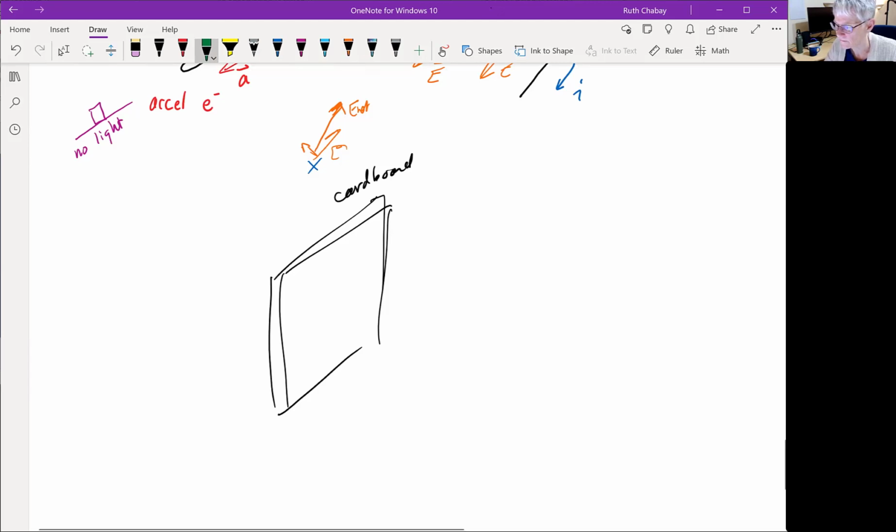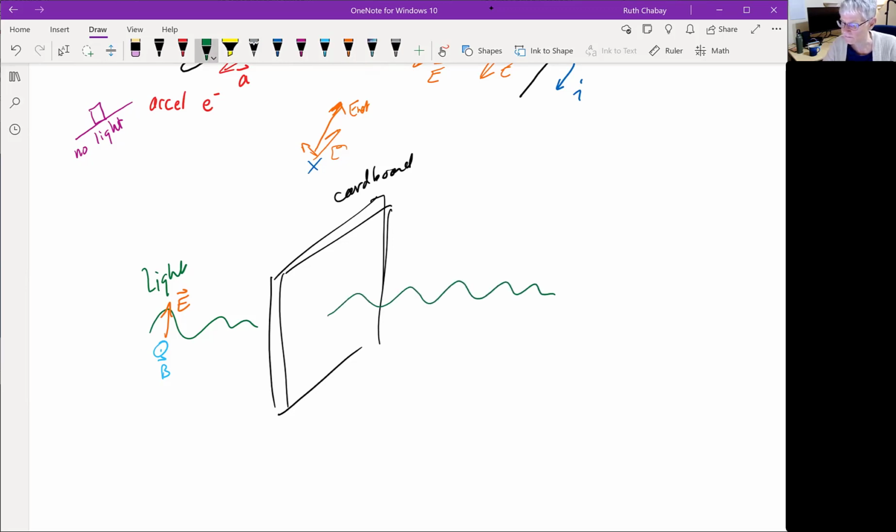So we have electric fields and magnetic fields heading toward this cardboard. Well, this light just goes right through. Okay, so fields penetrate matter. So we have, this is light 1.